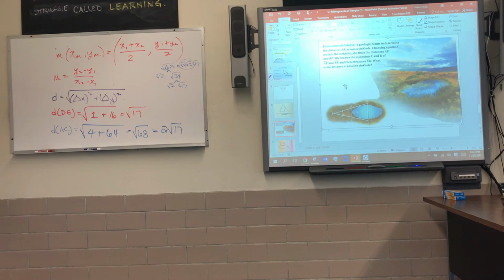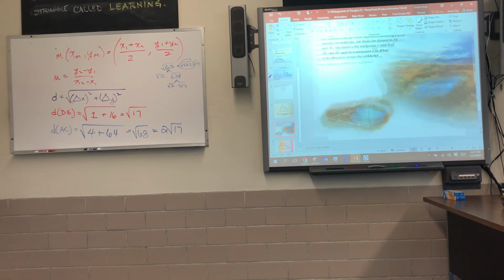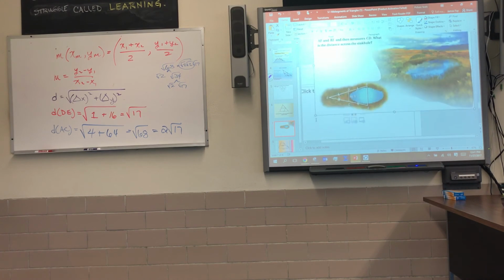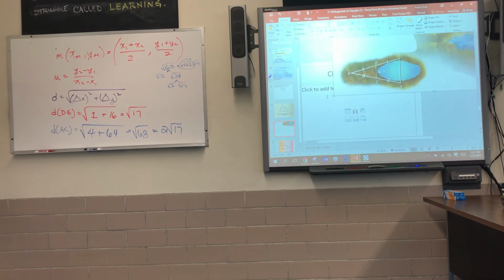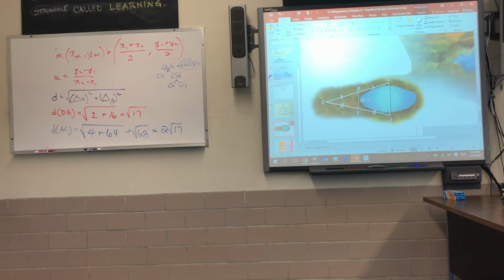So that's what I'm trying to figure out here. Let me zoom in so you can see this picture a little better. We're trying to go from A to B without having to go across that sulfur spring or sinkhole in this case. So how can we measure how wide this thing is?